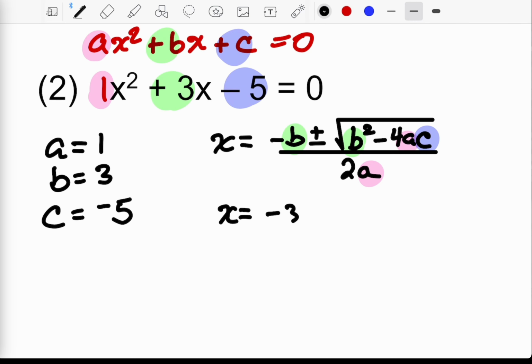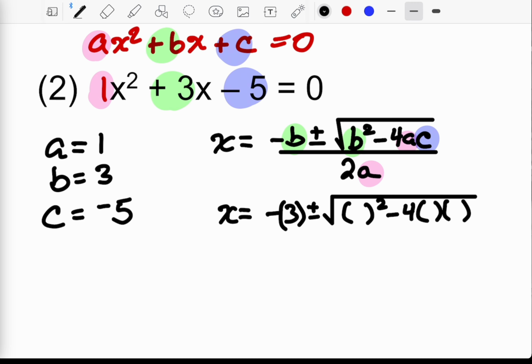So negative 3 plus or minus, so parentheses, all right, so we're going to have a 3 in here, a 1, a negative 5, and a 1.